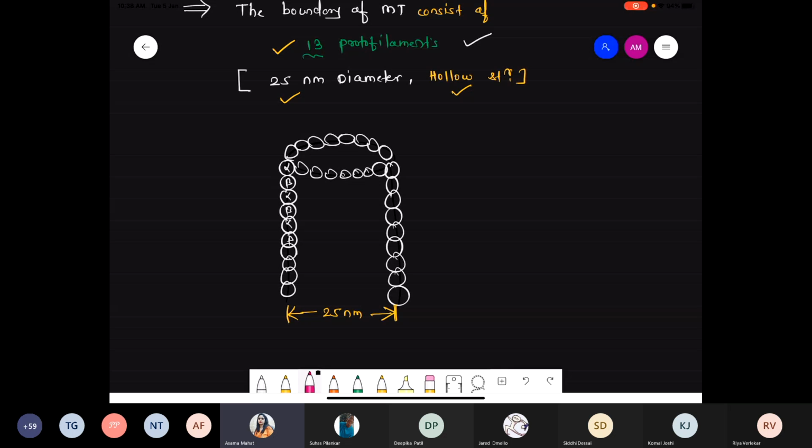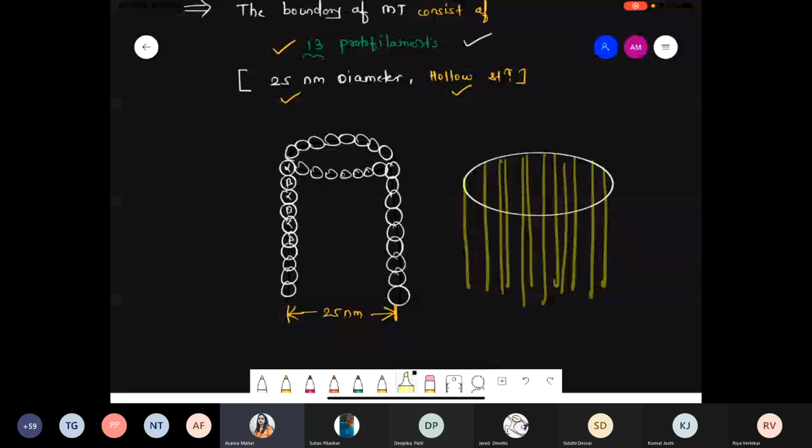It means, suppose one barrel, one bottle, and on that circle there is a structure like this, and on that structure there are 1, 2, 3, 4, 5, 6, 7, 8, 9, 10, 11, 12, 13. So all around that circular area, completely, it is filled with protofilament. And how many protofilament? Total 13.